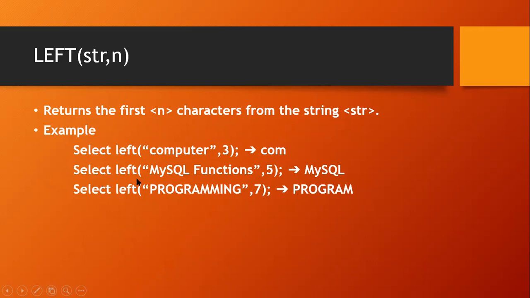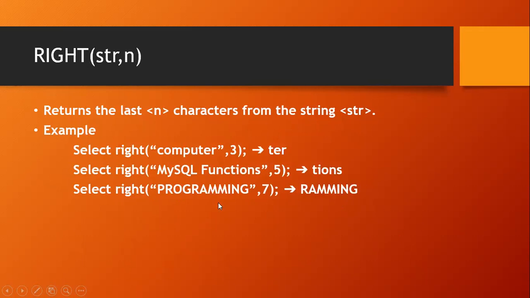Here SELECT LEFT('MySQL functions', 5). So the first 5 characters from the left side of the string will be returned, 1, 2, 3, 4, 5, and your output is MySQL. Similarly, SELECT LEFT('programming', 7). The 7 characters from the left side of the string will be returned and your output will be program.